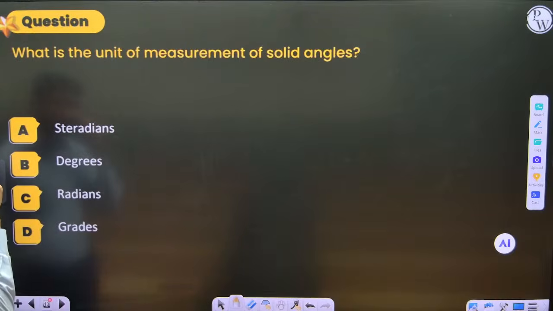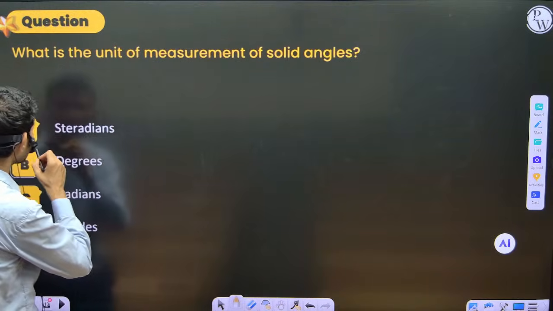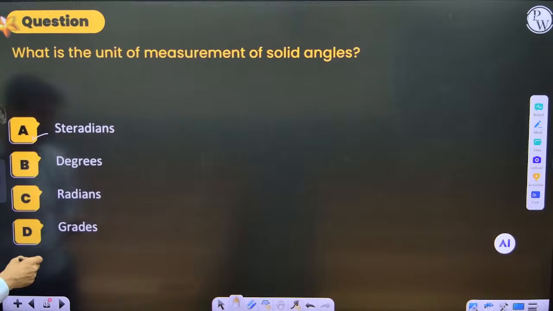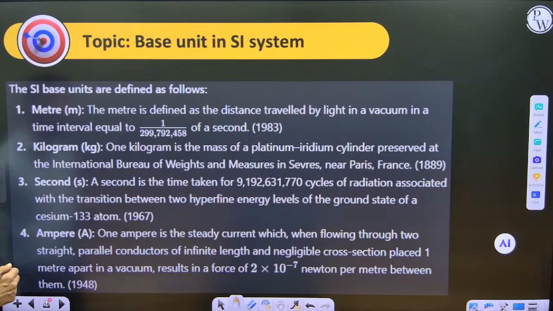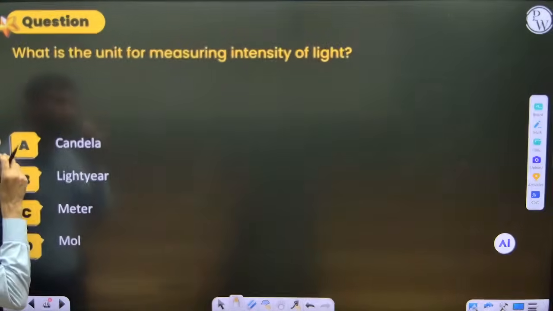Now, what is the unit of measurement of solid angle? As we have seen, the unit of measurement of solid angle is steradian. So, this we have already seen before, right? Now, what is the unit of measurement of intensity of light?